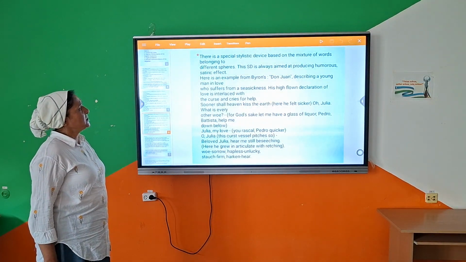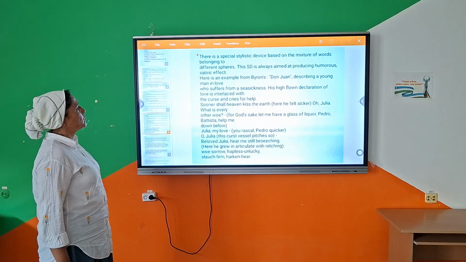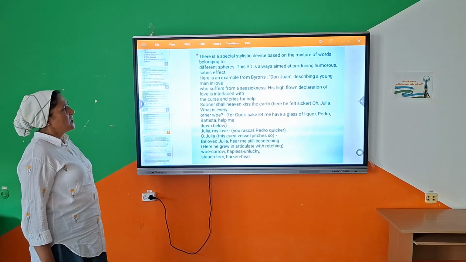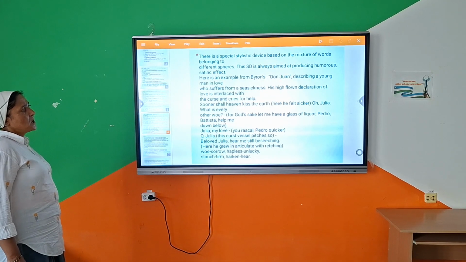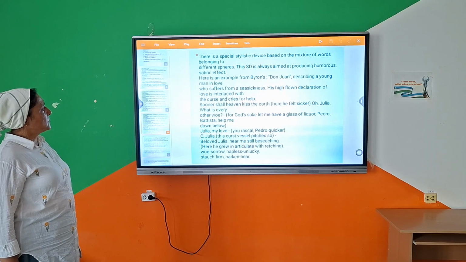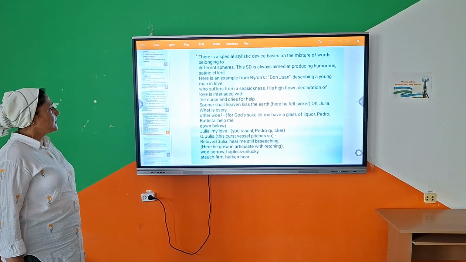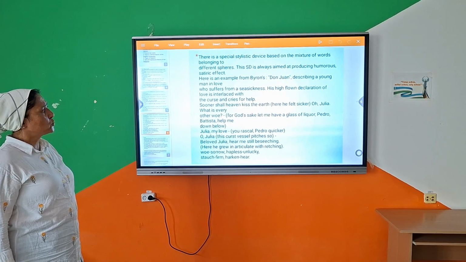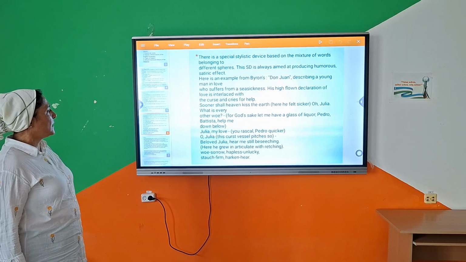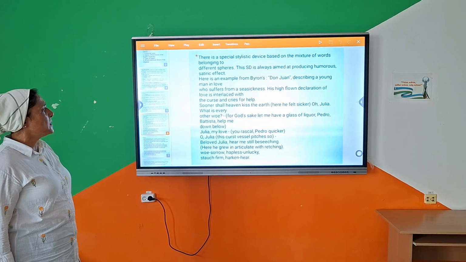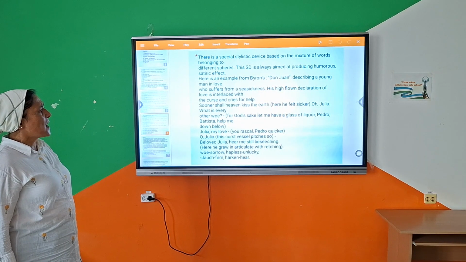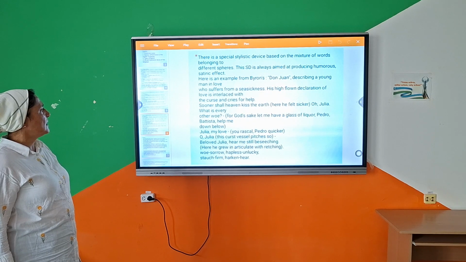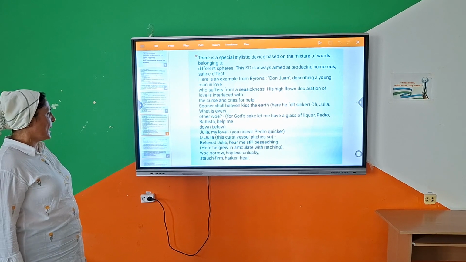So there is a special stylistic device based on the mixture of words belonging to different spheres. This stylistic device is always aimed at producing a humorous or satiric effect. Here is an example from Byron's Don Juan, describing a young man in love who suffers from seasickness. His high-flown declaration of love is interlaced with curses and cries for help.